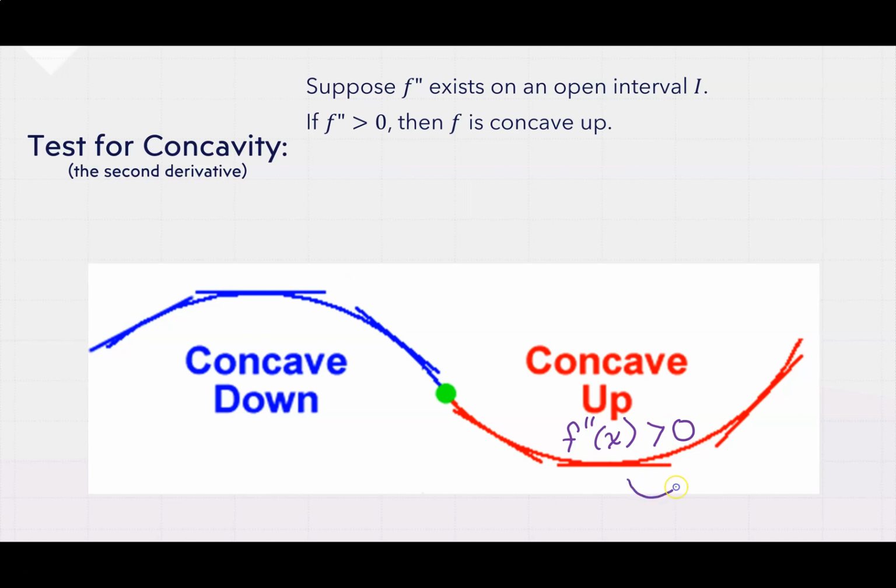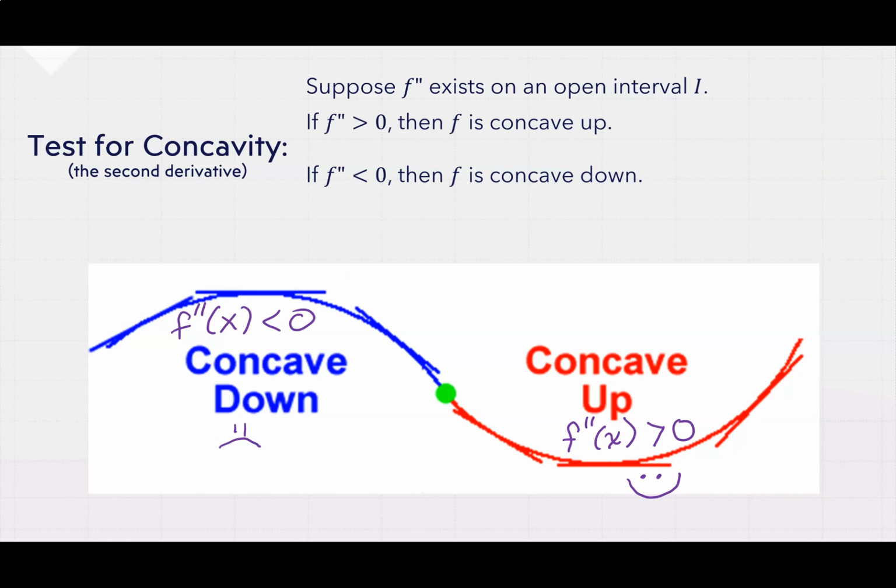That is when you have a happy face. Okay, now if your second derivative is negative, then your function is concaving down, and that is when you have sad face, concave down.